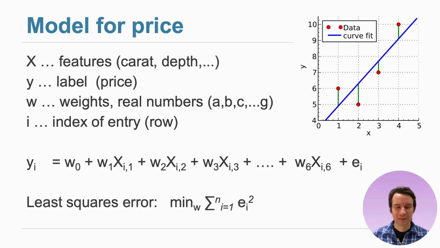So we square the errors. Now if you square, the error is greater or equal than 0, and you sum these errors up for all the entries that you know. So for all the diamonds that you know, you sum up the errors squared, and you are trying to minimize this, right? And what is the thing that you have freedom of? You have freedom of choosing the w.